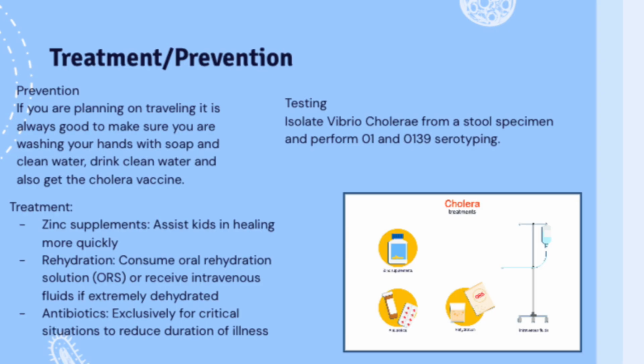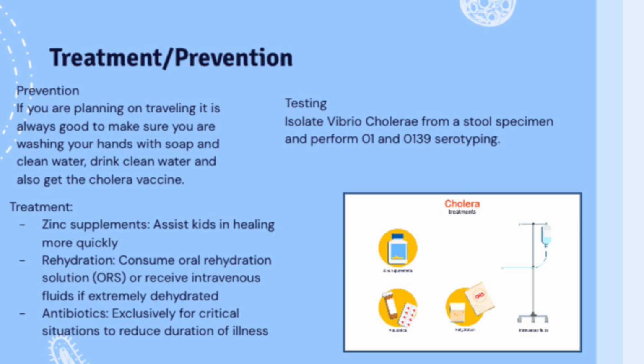Prevention. If you are planning on traveling, it is always good to make sure that you're washing your hands with soap and clean water, drinking clean water, and also getting the cholera vaccine. The treatment. Zinc supplements help kids heal more quickly. Rehydration.